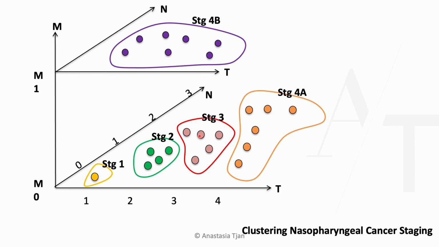T1 or T2 or T3, N0, N1 or N2 without metastasis is stage 3. T4, N0, N1, N2, or N3 without metastasis is stage 4A, while T1 or T2 or T3 or T4, N0, N1, N2, or N3 with metastasis is stage 4B.